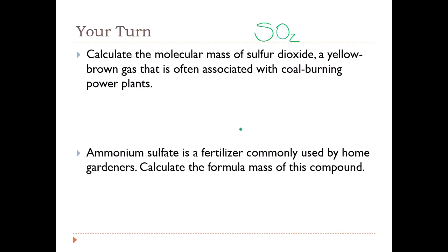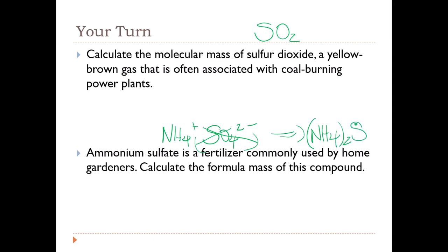And for ammonium sulfate, we have NH4+ and sulfate, SO4 2-. And so then we need to crisscross. And that becomes (NH4)2SO4. And so this 2 is distributed onto everything inside the parentheses. So hopefully you took that into consideration when calculating the formula mass.